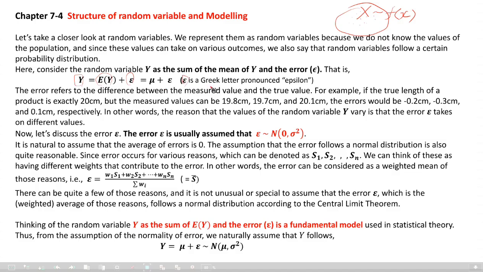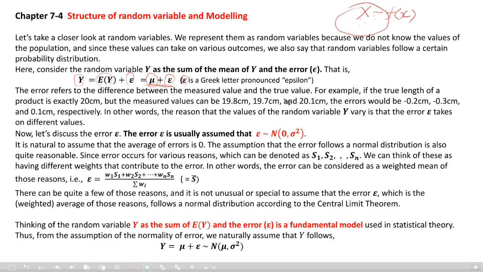Epsilon is a Greek letter. So mu plus epsilon. This is the basis of the model in the future. The error refers to the difference between the measured value and the true value.